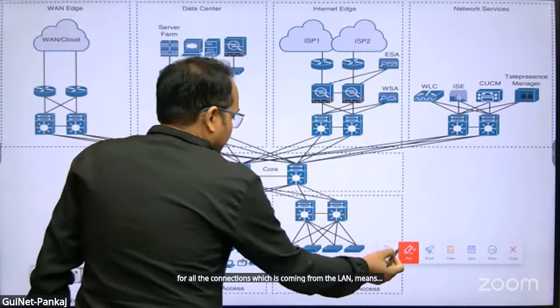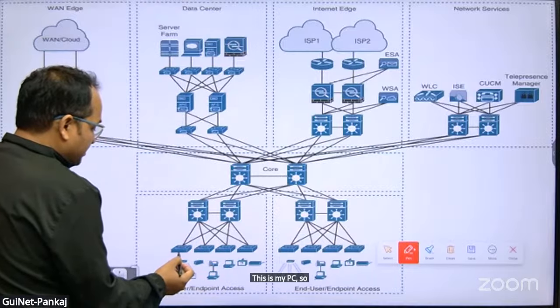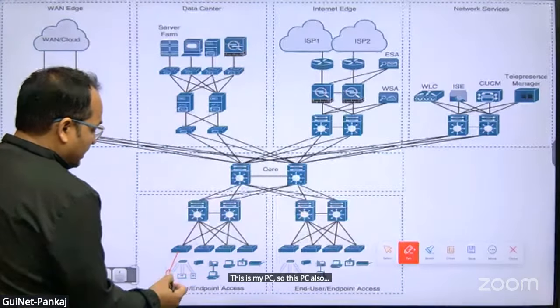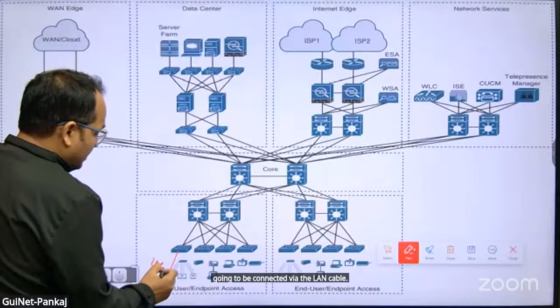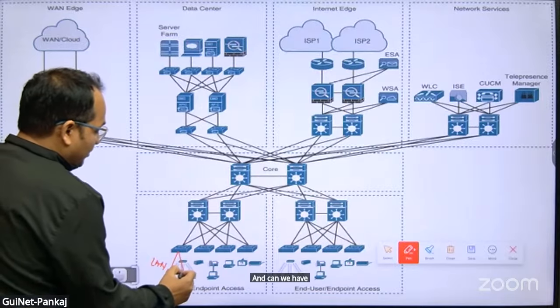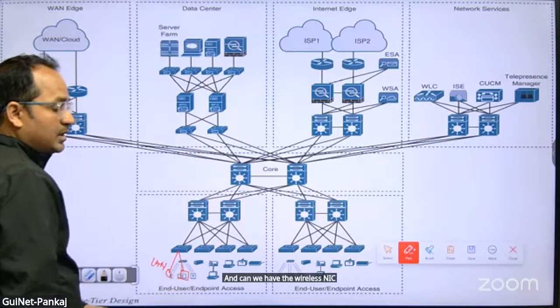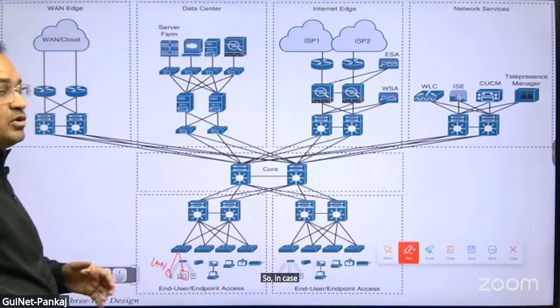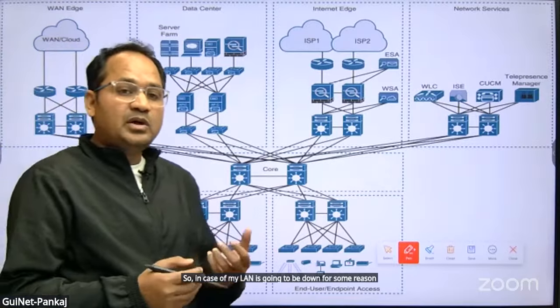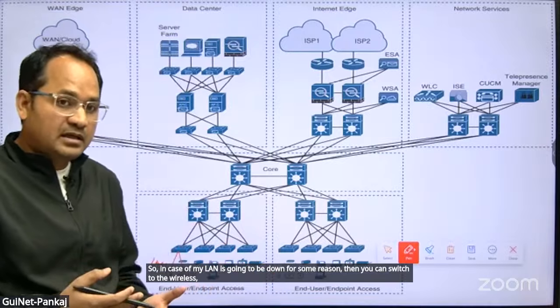This is my PC. This PC is going to be connected via a LAN cable, and we can also have a wireless NIC card available. So in case my LAN goes down for some reason, you can switch to the wireless NIC connectivity.